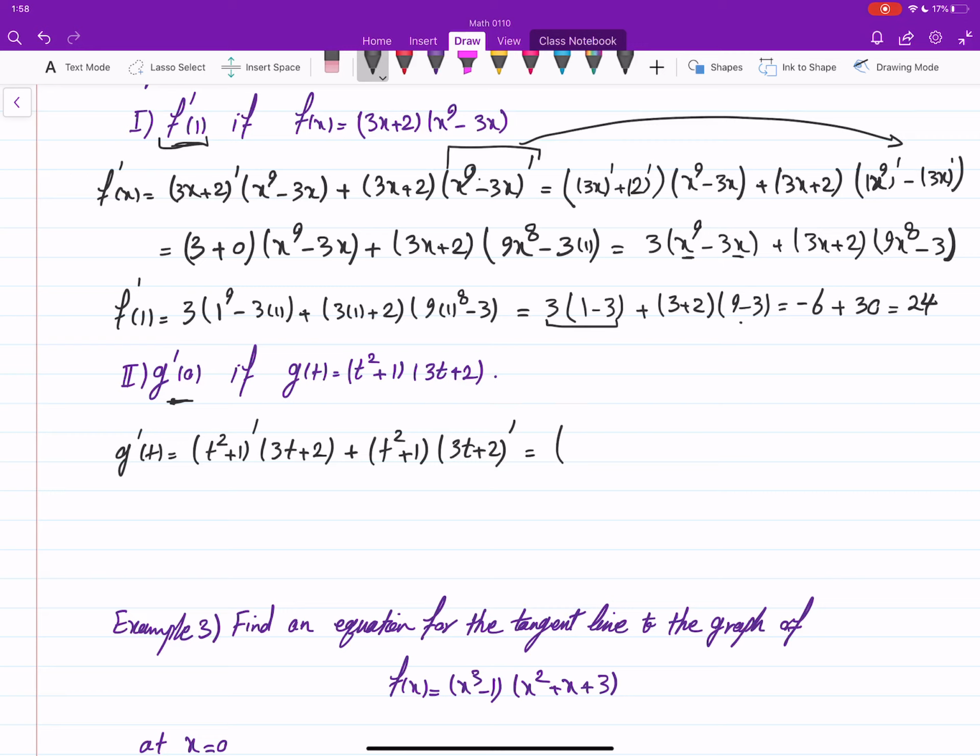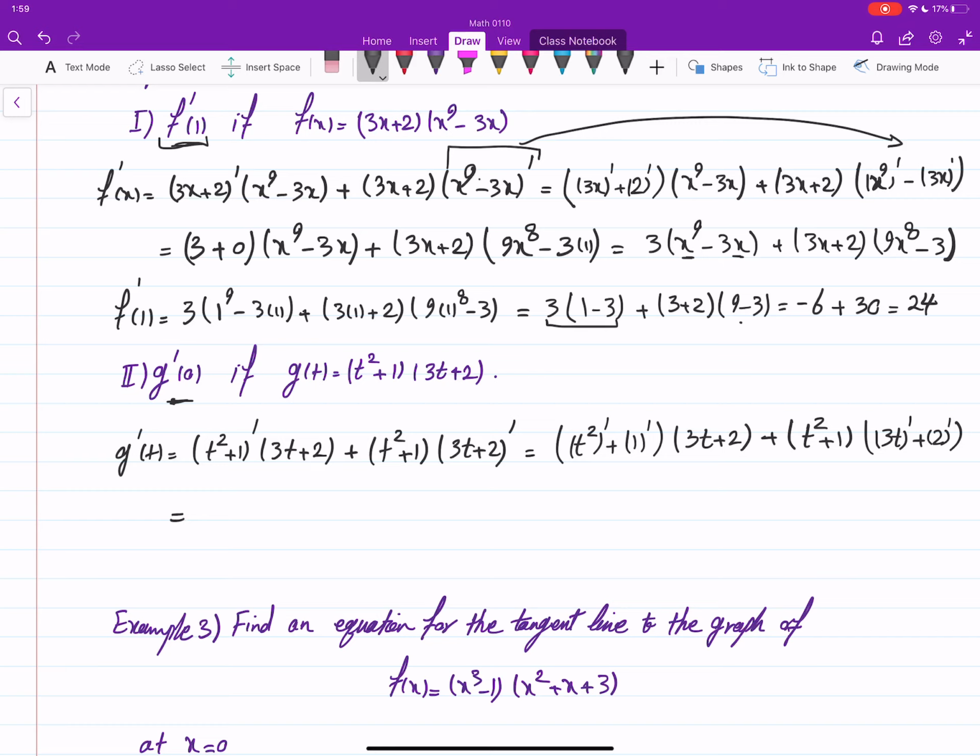This gives us the derivative of t squared plus 1 times 3t plus 2, plus t squared plus 1 times 3t prime plus 2 prime.